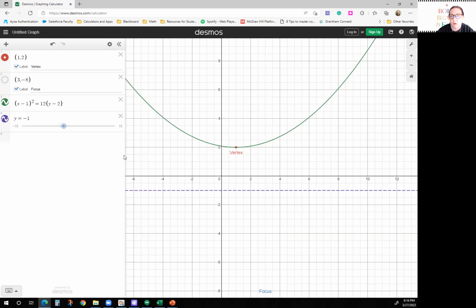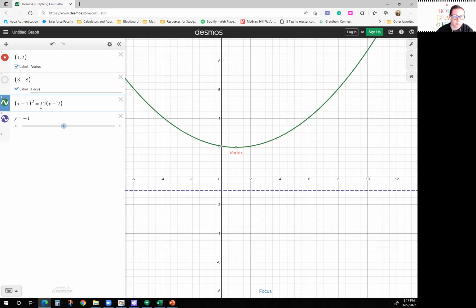And so we've got our vertex at the right spot, and you can see it's opening away from our directrix, to just verify that it matches the picture that we drew and that everything looks good. Because if you put in your equation and the vertex didn't line up, or if it was facing down and started crossing your directrix, that would give you an indication that you messed up.